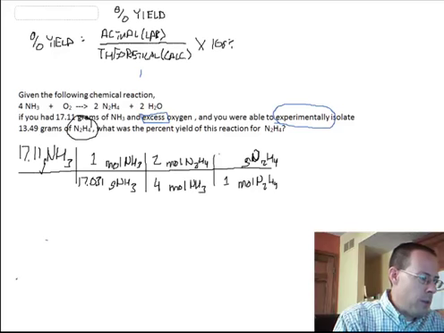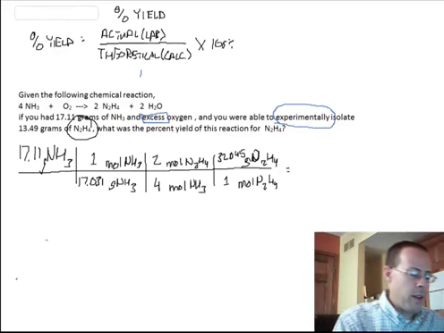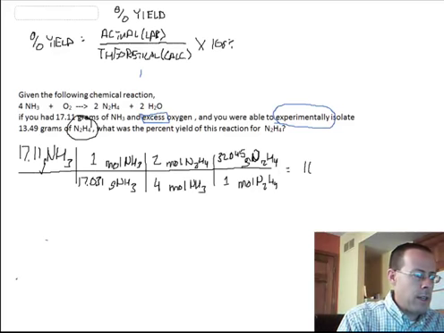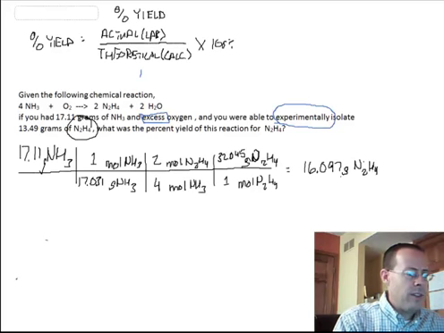It weighs 32.045 grams. So we're going to multiply across the top, multiply across the bottom, simplify, and when we do that, we get 16.097 grams of N2H4. So again, this is what we theoretically could make.